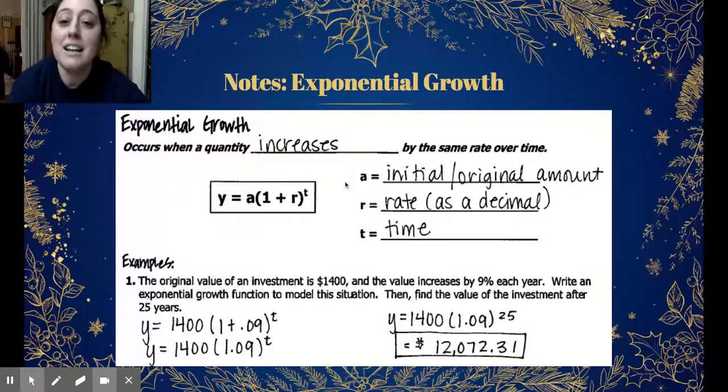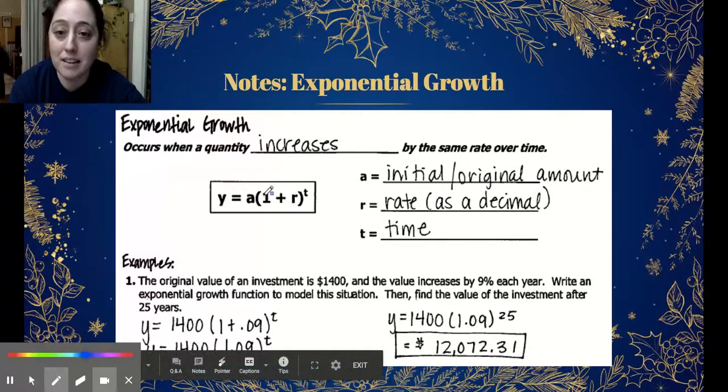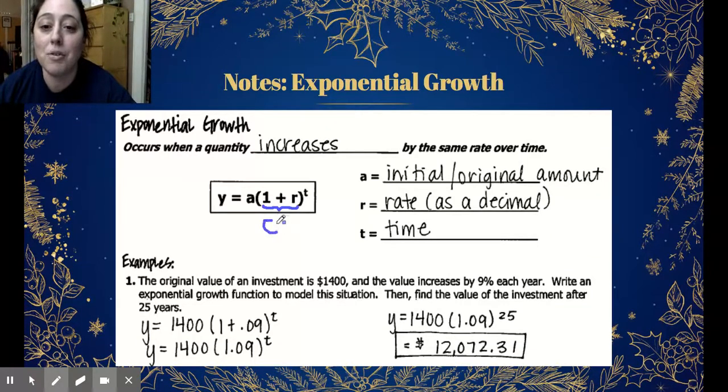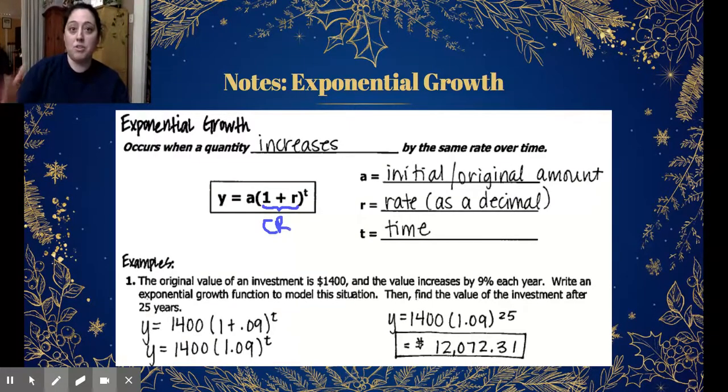This whole thing, if you add it together, or tomorrow when we get to decay and you're subtracting, is your common ratio. We've worked with common ratios: if you take any term in a geometric sequence and divide it by the term in front, that gives you the common ratio.